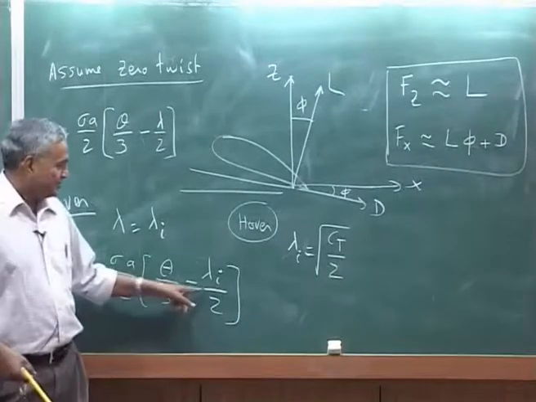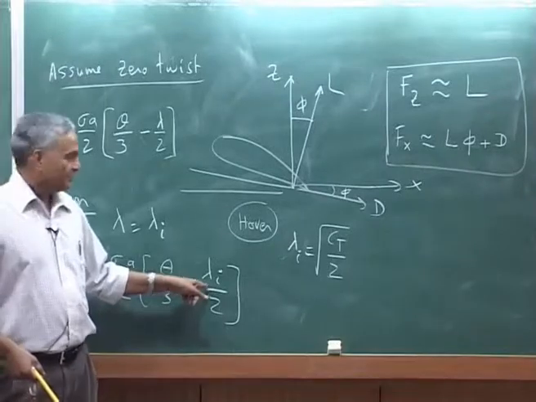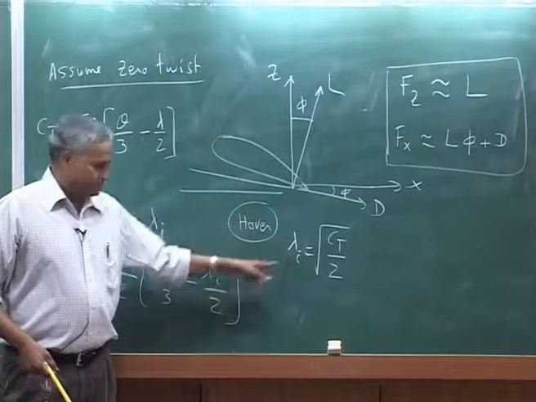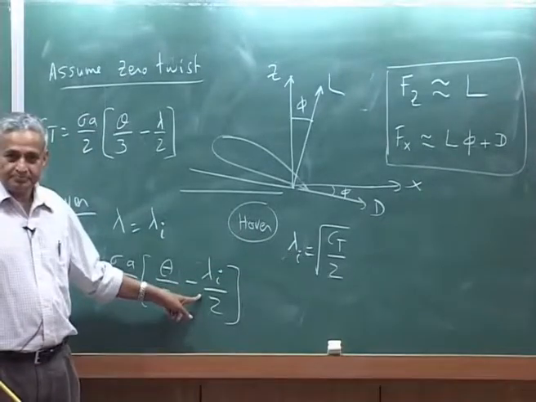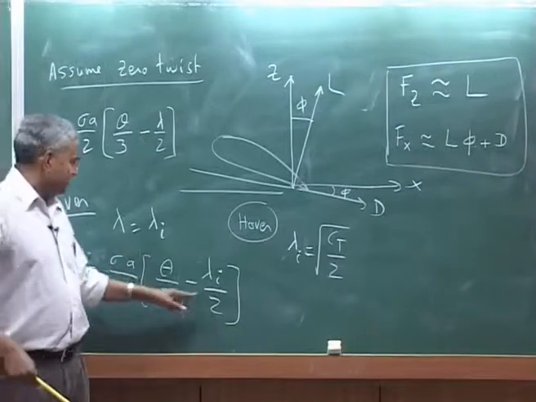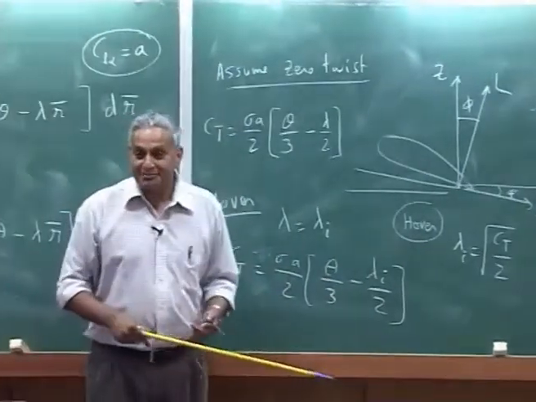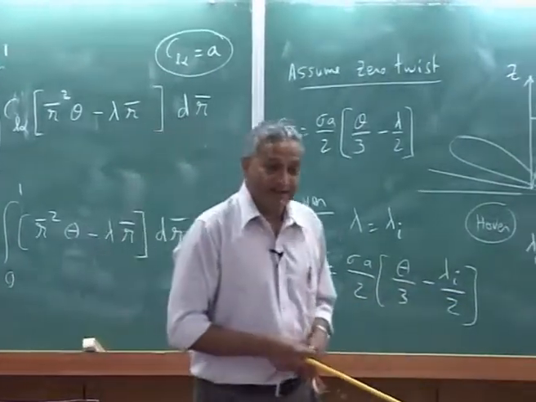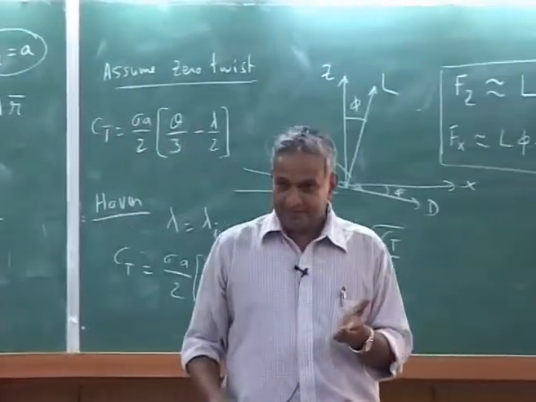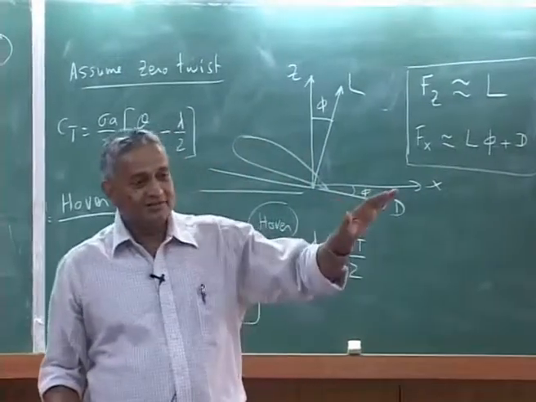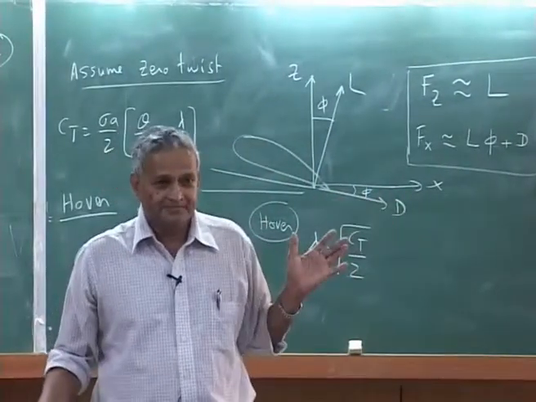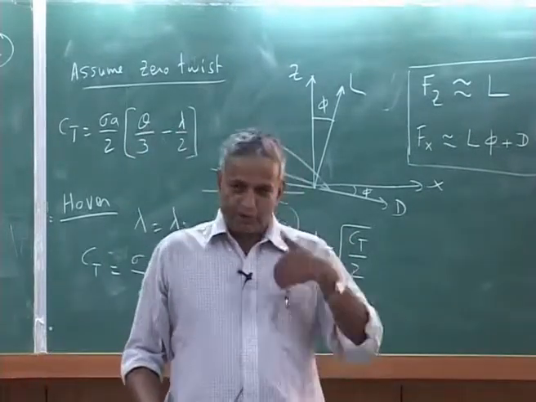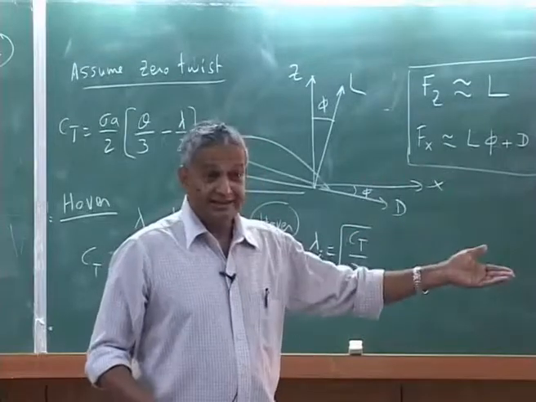Now I can substitute for lambda I here, and then I can get theta. Directly, what should be the pitch angle I must give if I want to have this much CT. Then once I know the CT, I can get the inflow.